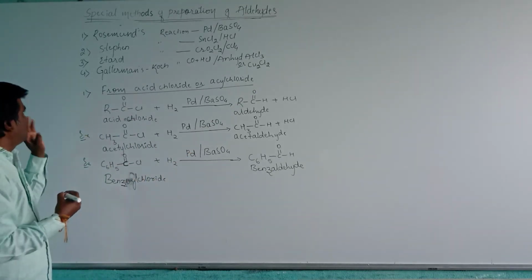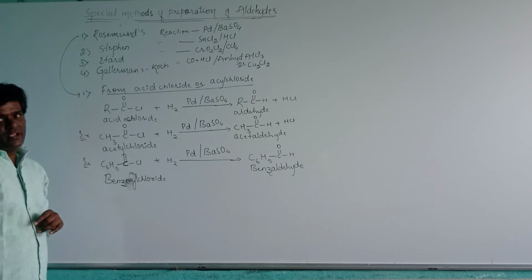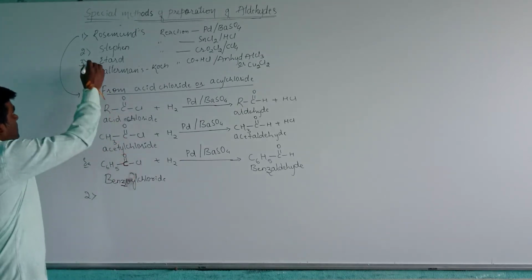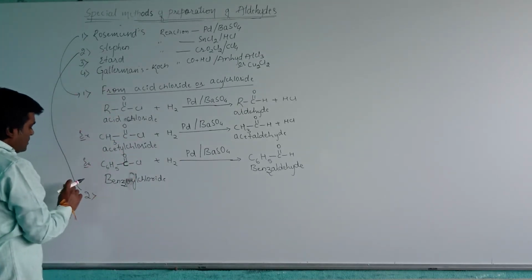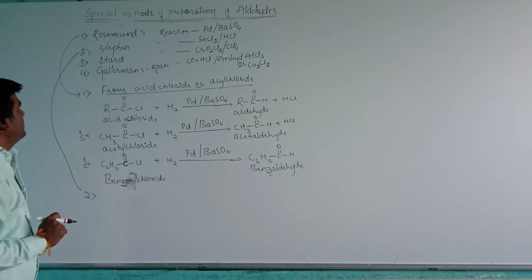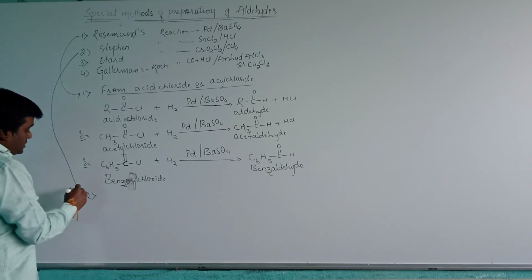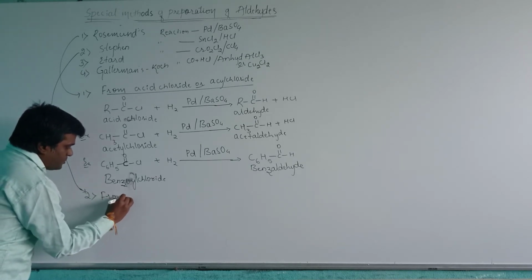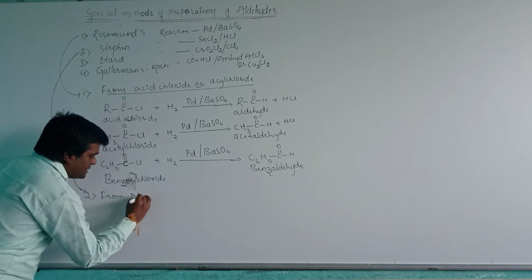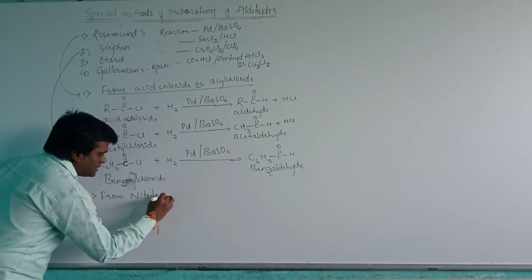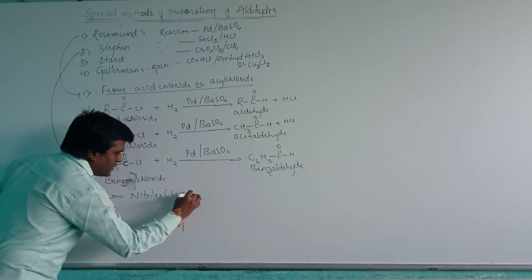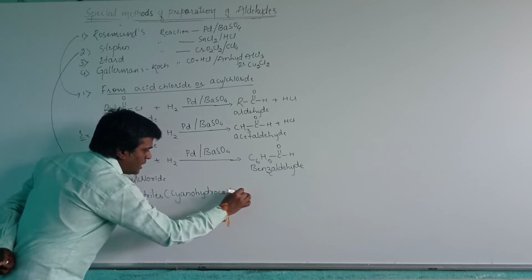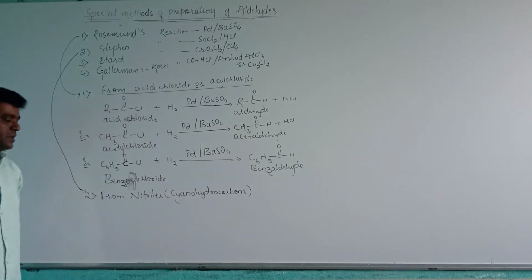Then let us see the second reaction. The first one is the Rosenmund reaction, and the second one is the Stephen reaction. In the Stephen reaction, aldehydes can be prepared from nitriles. These nitriles are also known as cyanohydrocarbons.